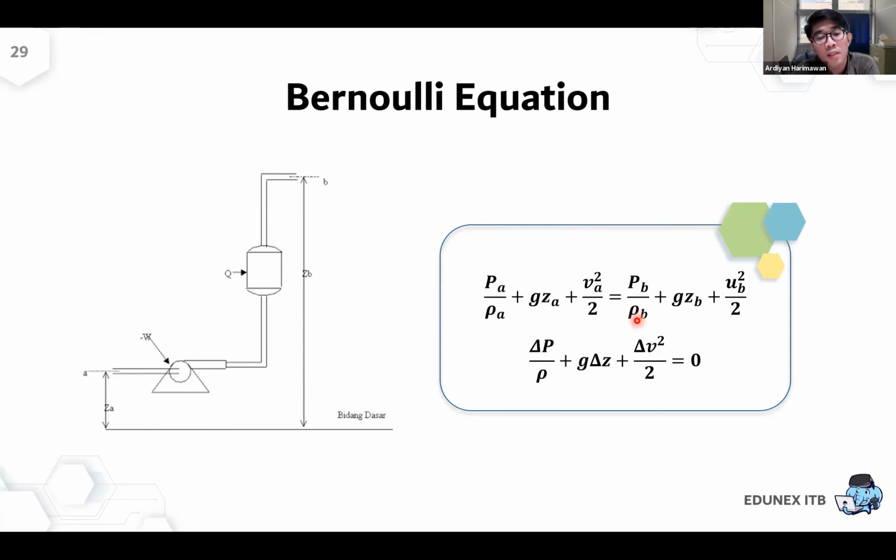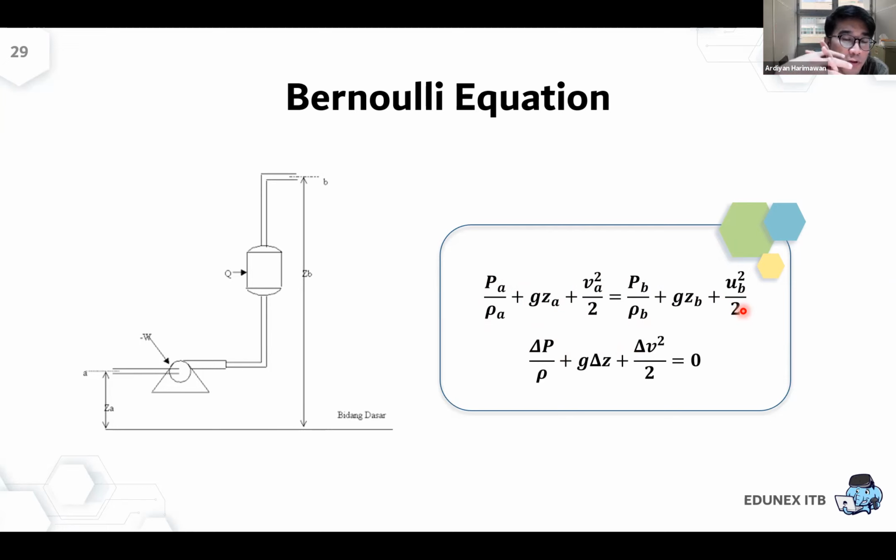So you need to pay attention to what kind of parameters, whether it's pressure, height, or velocity, are going to be changing during the flow, or are going to increase or decrease from one point to another point. That's the concept of the Bernoulli. You just compare point 1 and point 2, the total energy of each point should be the same.